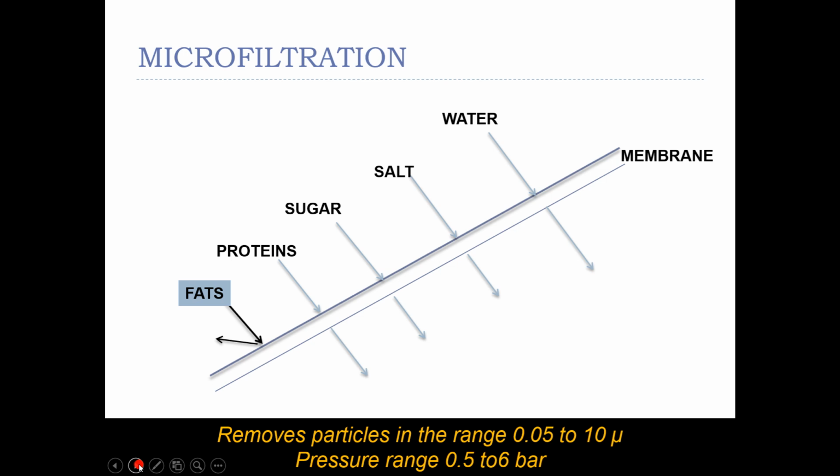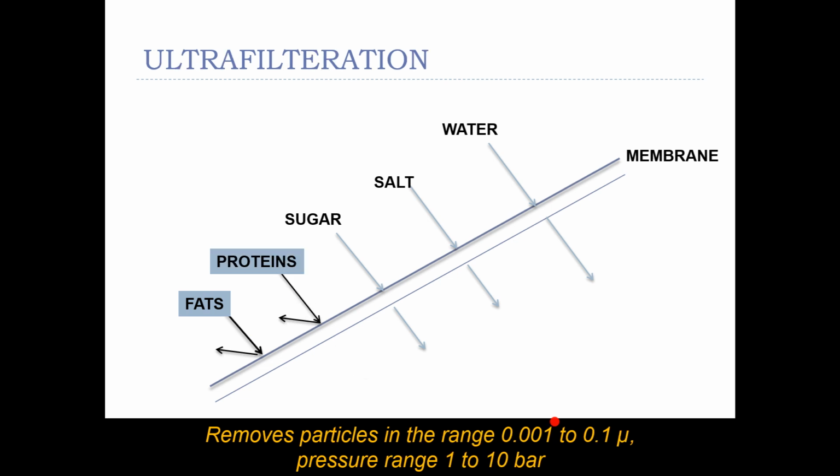Apart from these two processes, there are other membrane processes. Depending upon the size of the pore, certain materials can pass through and certain materials are retained. For example, in microfiltration the pore size is comparatively larger, so only fats are retained, whereas protein, sugar, salts, and water are allowed to pass through. This is the range of particles which can be removed.